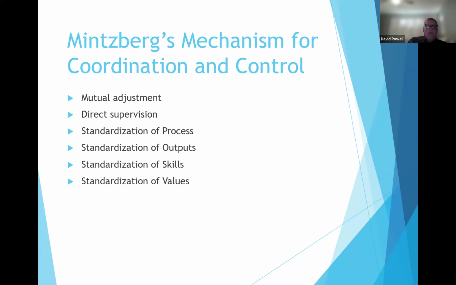Mutual adjustment. This is the mechanism that we see highlighted most oftentimes in things like human relations and human resource management theory. This is where workers consult with each other informally about what needs to be accomplished and how. Responsibility for the coordination and control of work rests with those who are doing the work.